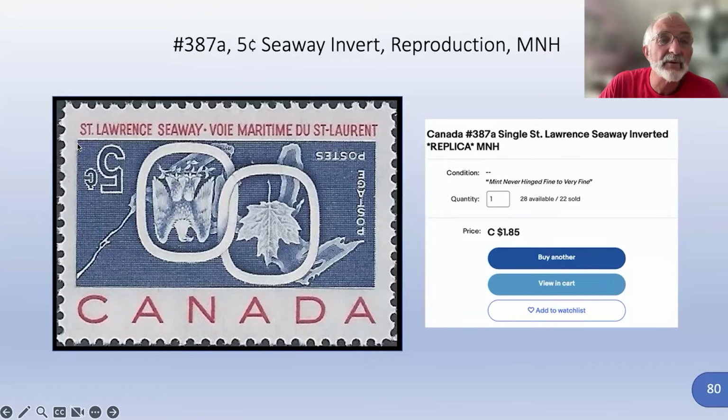He actually took the center part of one mint stamp, cut it out carefully, and glued it on top of another stamp. So he's used 2 mint stamps and the effort involved. And you can see a little bit of a problem down here. He didn't get it quite in the right position, but for whatever he did, he sells it for $1.85.